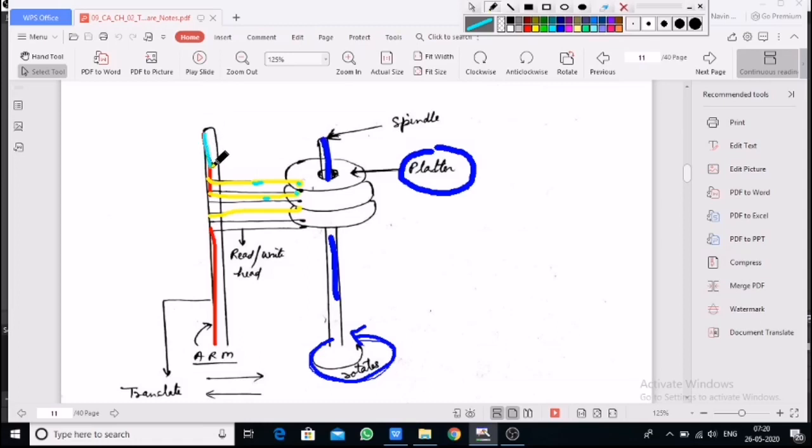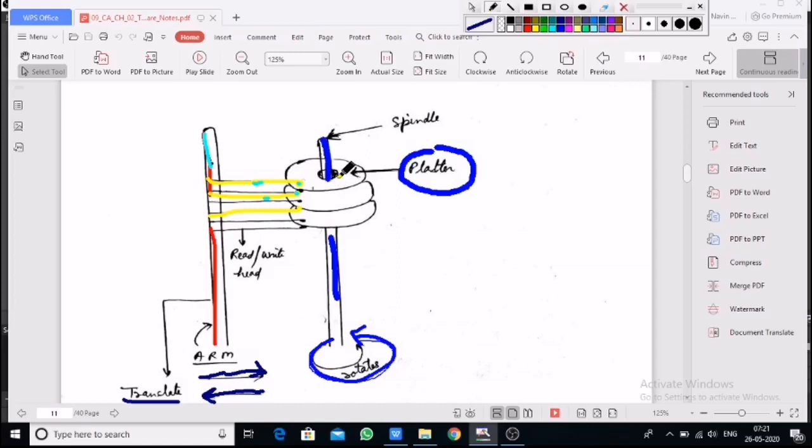The task of this arm is that it translates forward and backward. When it translates forward, the head starts touching other parts of the platter, as the platter also rotates with the help of the spindle along its own axis.